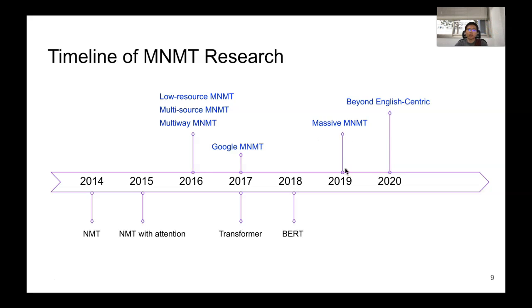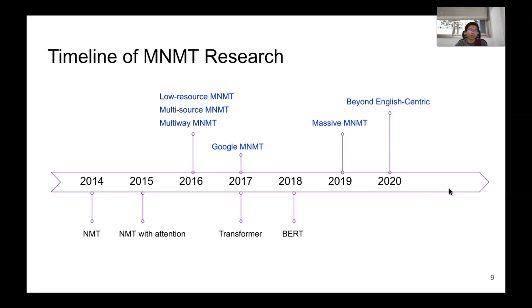You see, the massive MLMT system released by Google in 2019 is again English-centric, but here it's beyond English-centric. That means it is a system for any language pairs, even without English. So it has been making very interesting progress until now, and we're also very much looking forward to what will happen from now on.